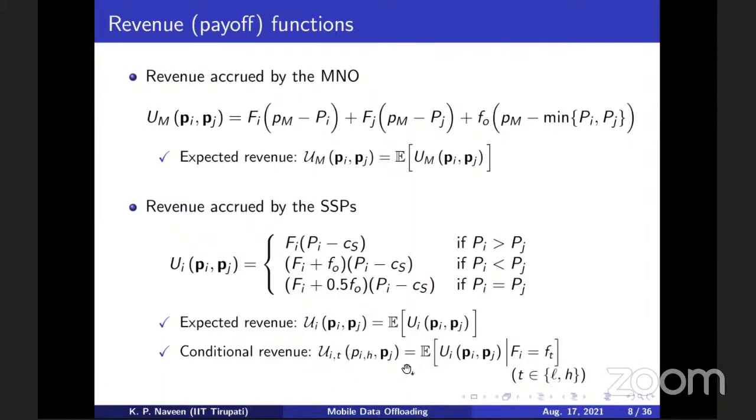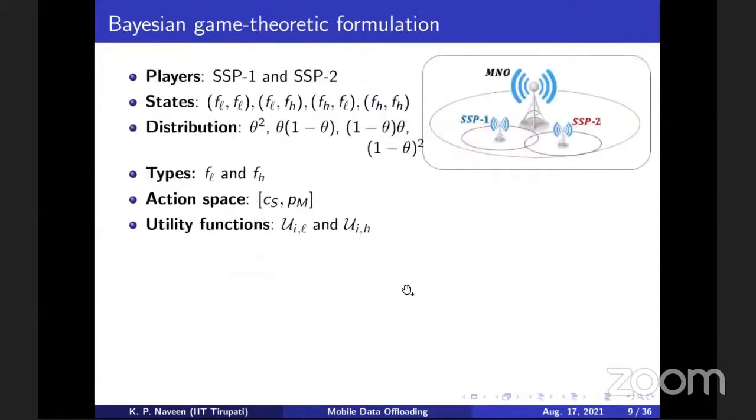Right. So now we have all the ingredients in place to set up the pricing problem as a Bayesian game. So I just summarize it here. SSP 1 and SSP 2 constitute the players in the game. And what are the states of nature?